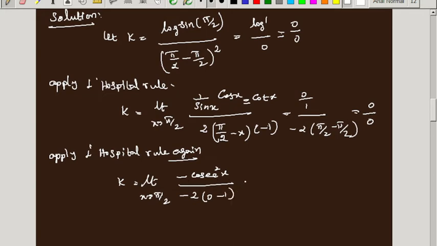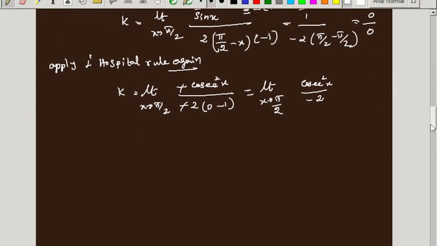So here we can write this as limit x tends to pi by 2, minus into minus get cancelled, cosecant square x dividing by minus 2.